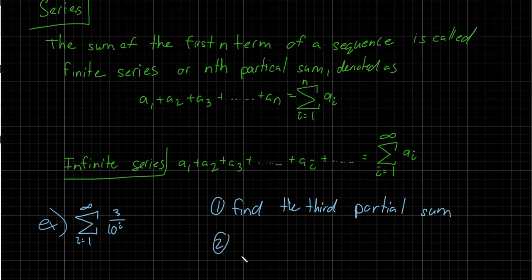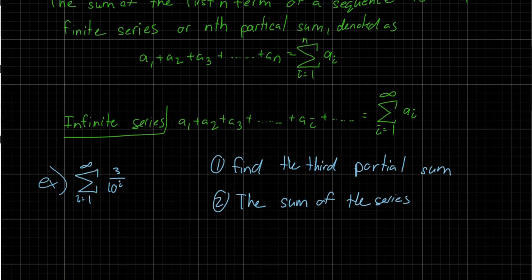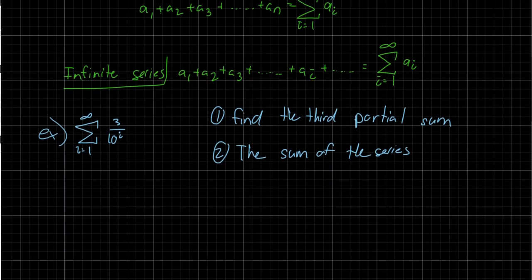And number 2, I want you to find the sum of the series. We're probably going to do 2 together. So this is a series that I've given you. I want you to find the sum of the first 3 terms of the series. So you've got to find the first 3 terms. What is our first n value? 1. Okay. Finish it up on the boards.